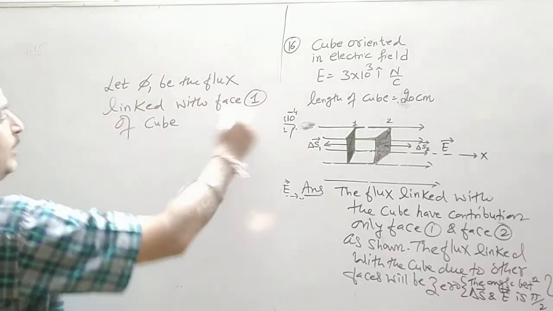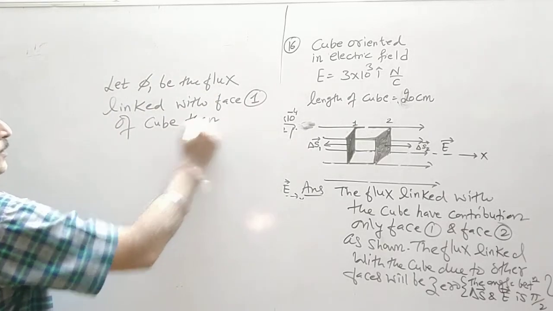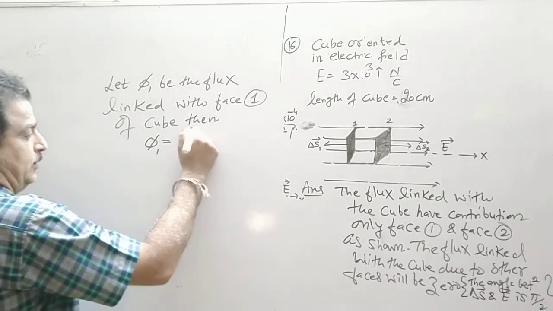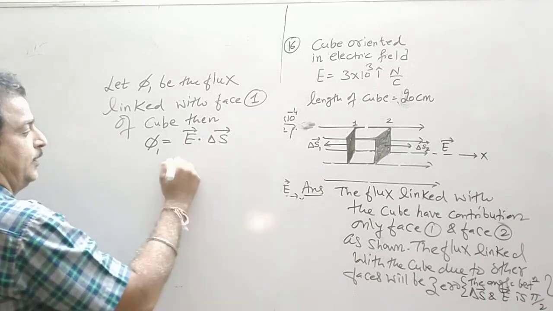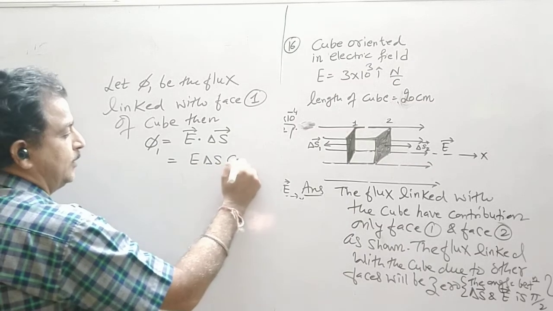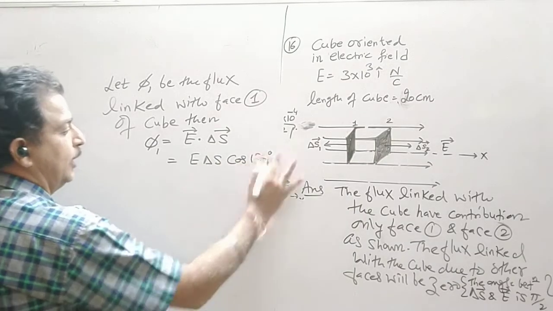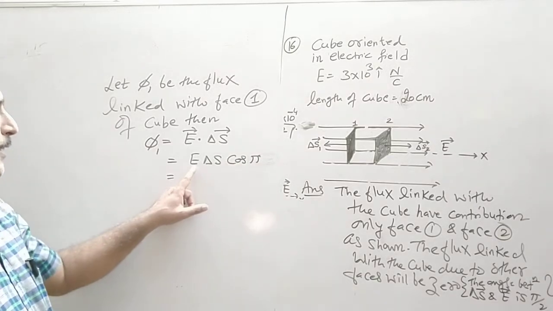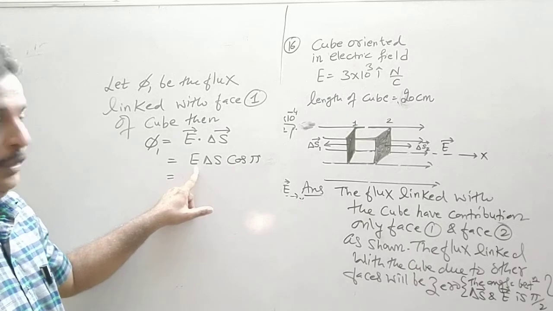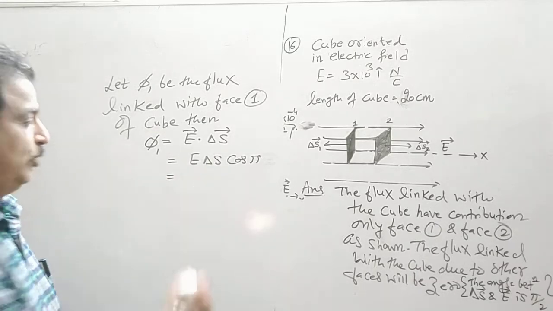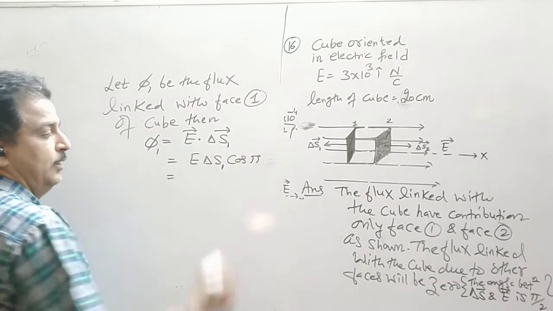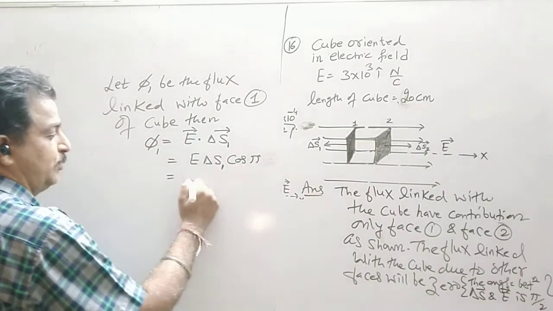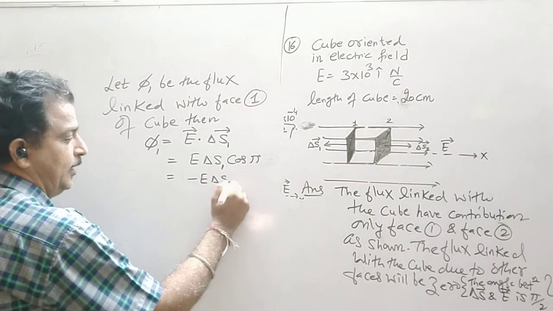So let phi 1 be the flux linked with face 1 of the cube. Phi 1 can be written by the general formula E dot delta S, that is E delta S cos of 180 degrees, or in radians cos pi. Both vectors are in opposite directions, the angle is 180, and cos 180 is minus 1, so phi 1 is minus E delta S1.